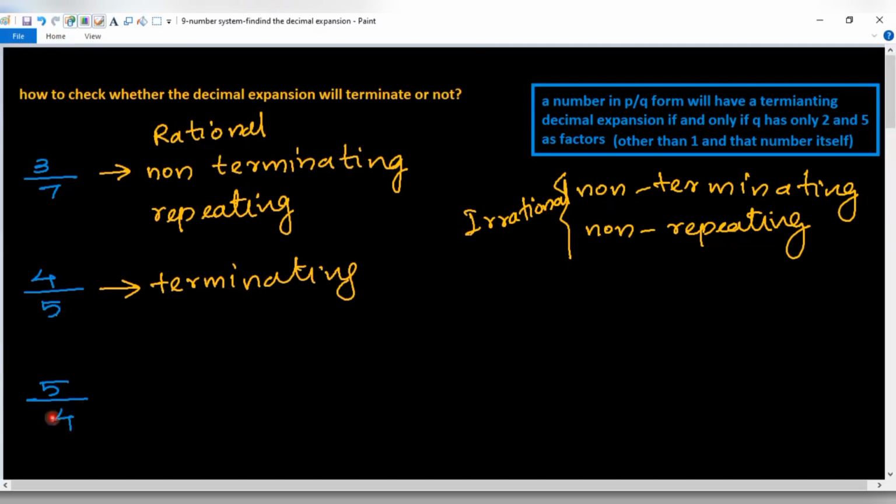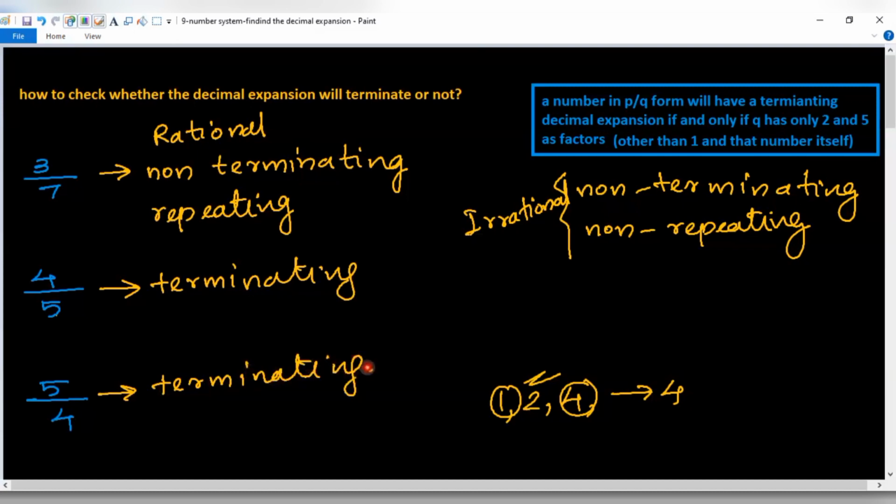The factor we know is 2. 2 is a factor of 4, no other factors other than 1 and 4. 2 is a factor, 4 is a factor, and 1 is also a factor of the number 4. So the denominator, other than 1 and that number itself, has only 2 as a factor. That means it is also a terminating decimal. When we find the decimal expansions, we will find that it is terminating.